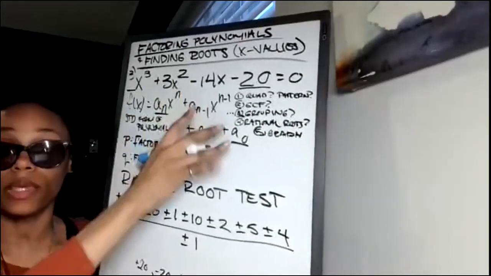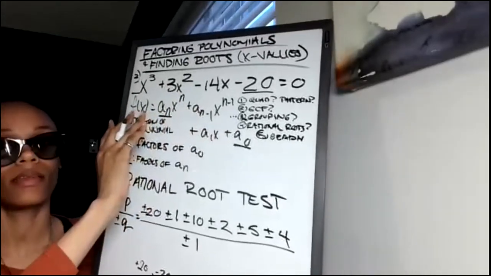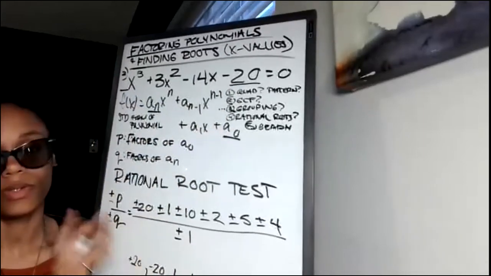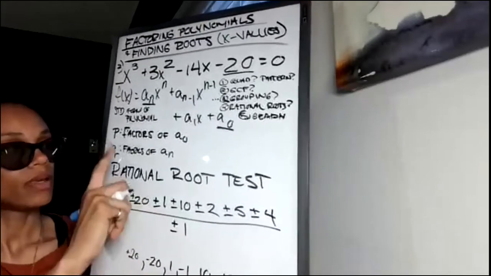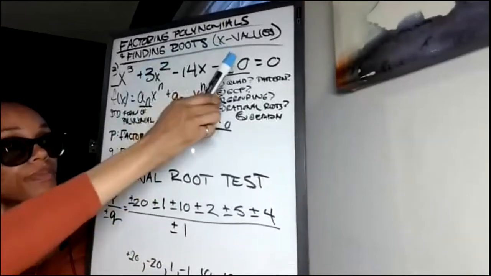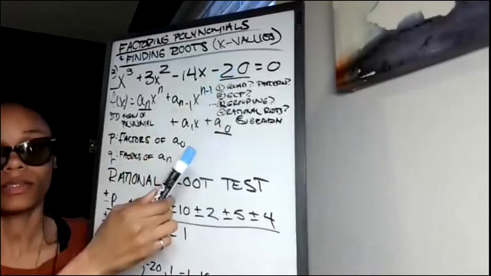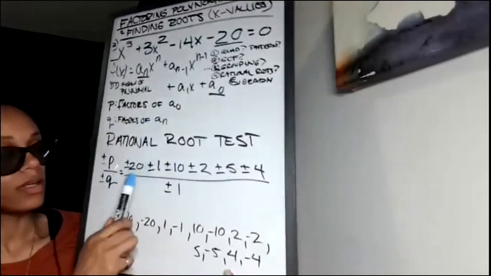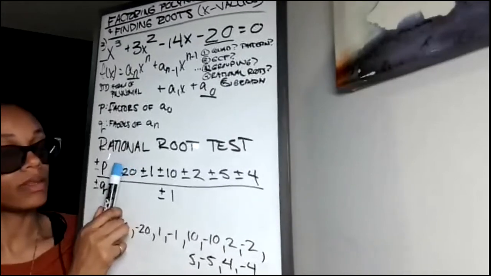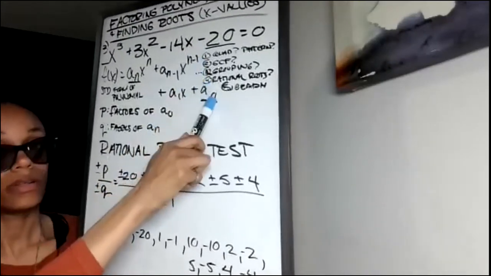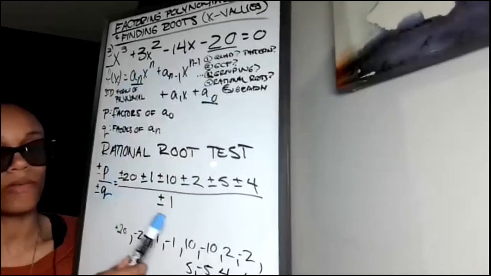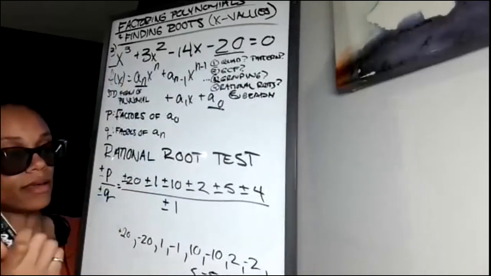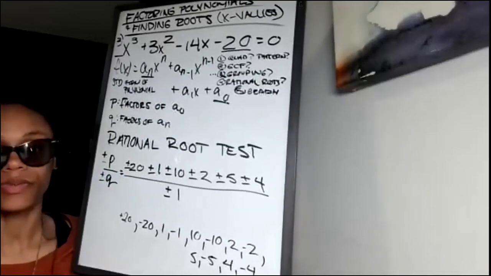But nonetheless, this was given, and we realized we couldn't do any of these methods, so we hopped to using our rational roots theorem. And for our rational roots theorem, we're looking at the leading coefficient and the constant term of the polynomial, all their factors, and the factors of your constant term go over the factors of your leading term. And that gives you all the possible rational roots.